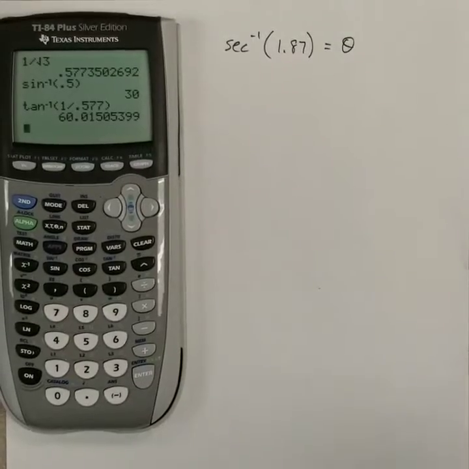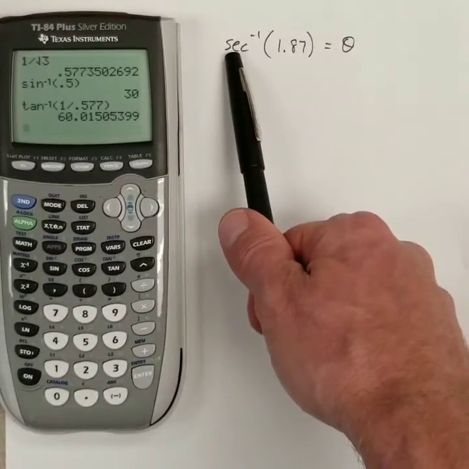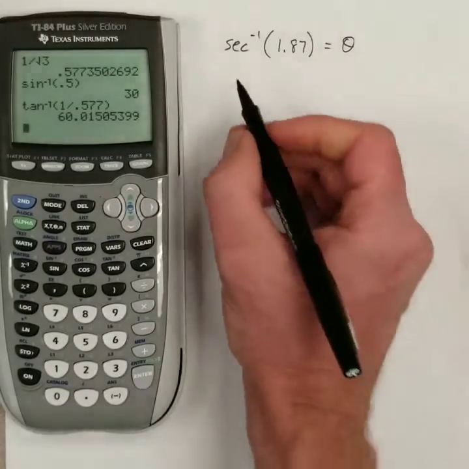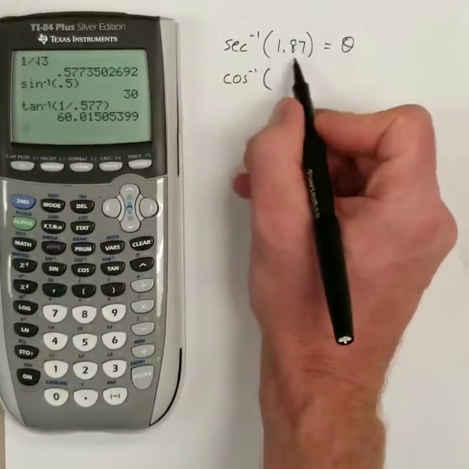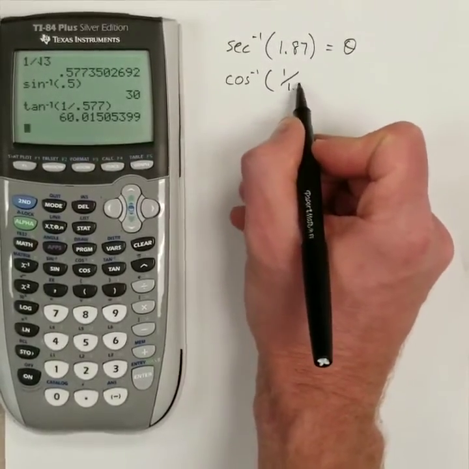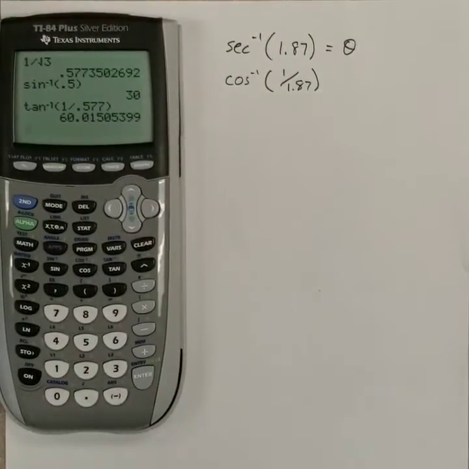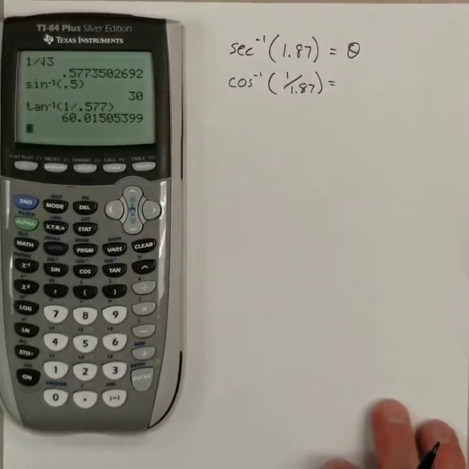Okay, and if you think about it, inverse secant, well, secant is the reciprocal of the cosine. And so if I want to calculate this, I'm going to use the inverse cosine, but I have to do the reciprocal of the ratio. And that should equal the angle theta.